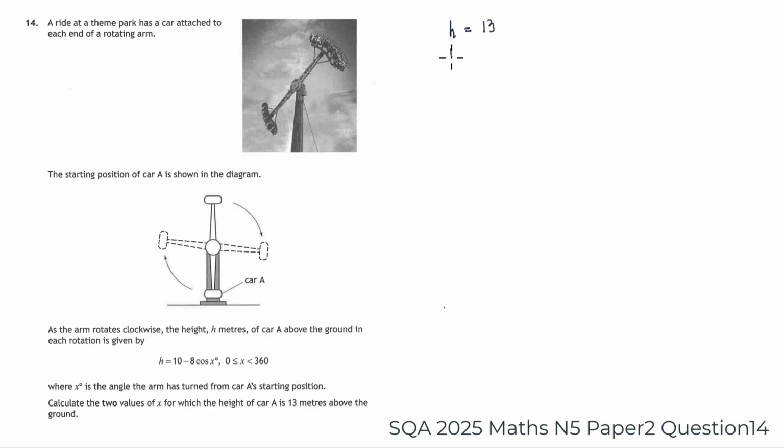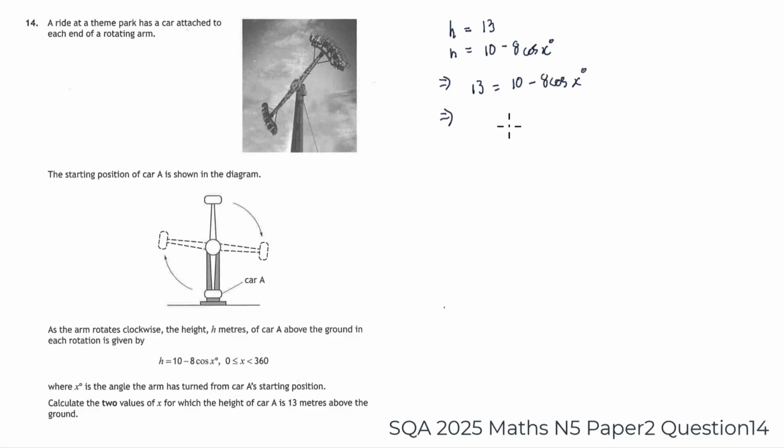And we also have the fact that h is 10 minus 8 cos x. So obviously 13 is equal to 10 minus 8 cos x. And we have this equation to solve. So let's first of all try and get cos x on its own.